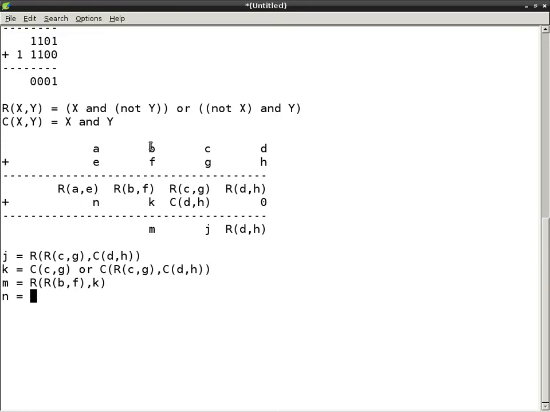So it becomes a disjunction of 2 possible things. Okay, so it can be the carry of one thing or the carry of something else. The first carry is from adding B to F. The second carry is from adding BF to K. Is that making any sense?